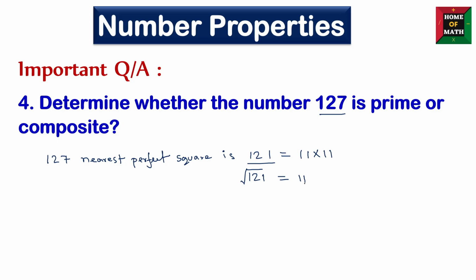Now, from 1 to 11, the prime numbers below 11 are 3, 5, 7, right?